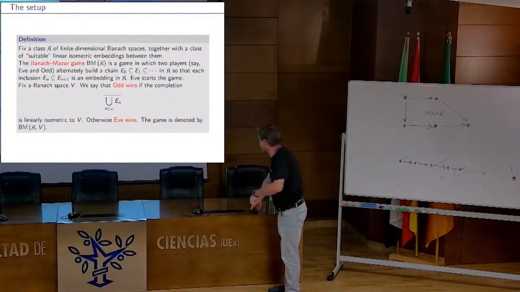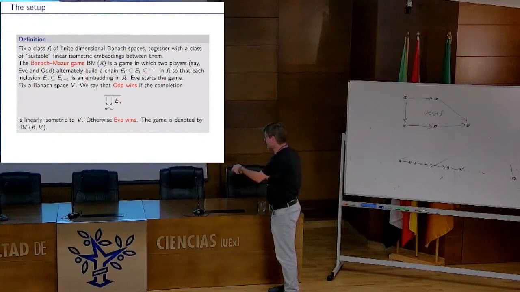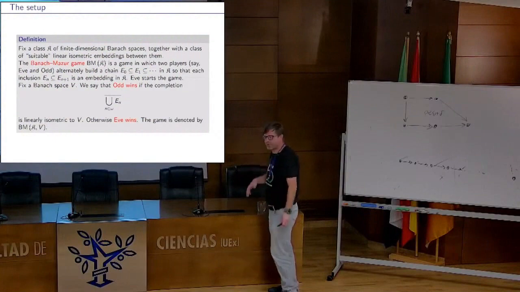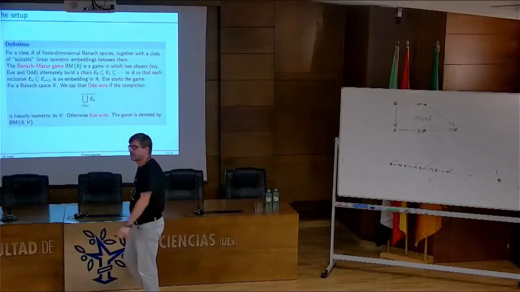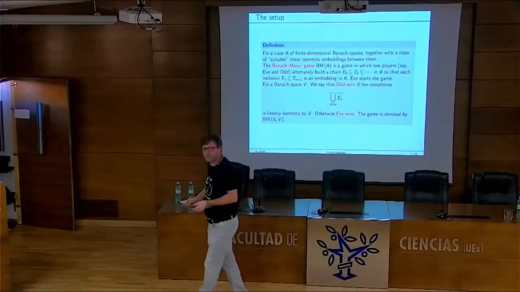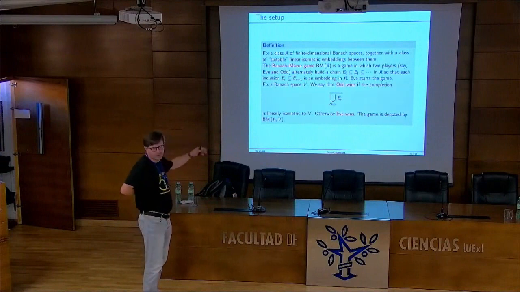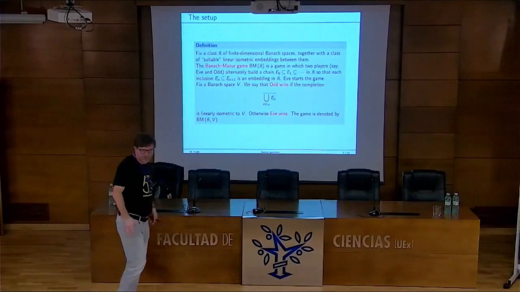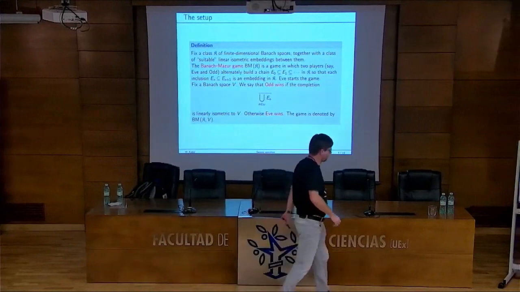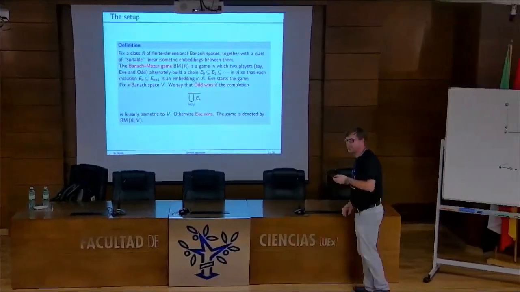I will mention it later again. So we have this kind of game. It is like the Banach-Mazur game because Banach or Mazur actually invented this game with open sets or open intervals, in fact. And if you put a suitable topology, it would really reduce to this game, but it's not needed. It's like a very abstract notion.